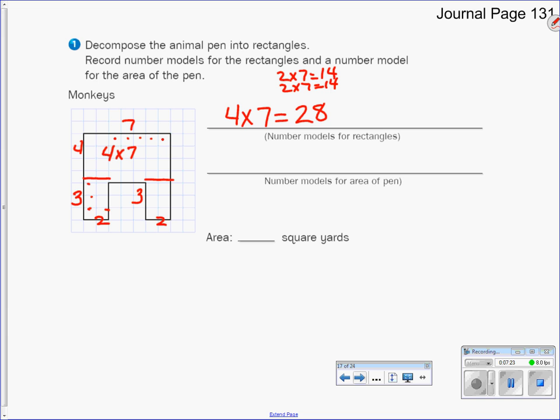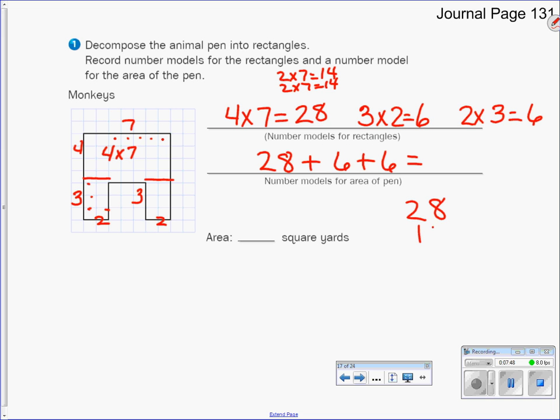Okay, then we have 3 times 2, which we know equals 6, and then 2 times 3, which equals 6, and then we would take 28 plus 6 plus 6, and that would give us our area. So if I break that down, 28 and 12, our area of that rectilinear would be 40 square yards.